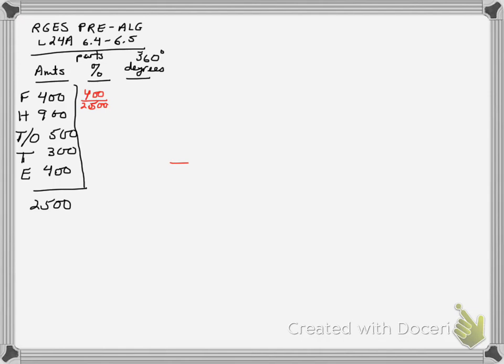Now what you'll do is on your calculator, you'll type 500 divided by 2,500 equals, you'll get a decimal, and by moving your decimal point over 2 places, you'll have 0.16, whatever. You round to 2 places, and you're going to get 16%.